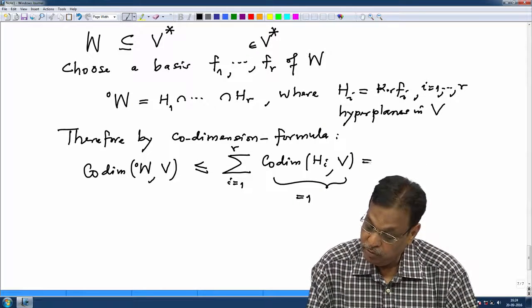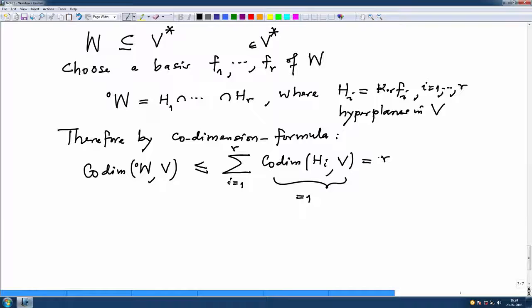So, therefore, this number is r, which is the dimension of W.